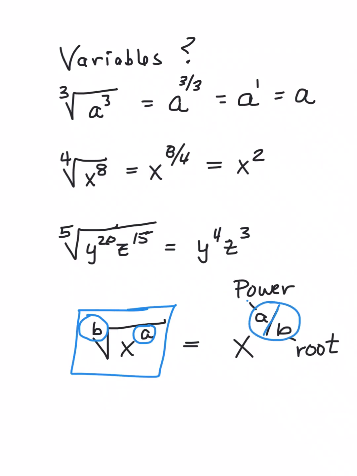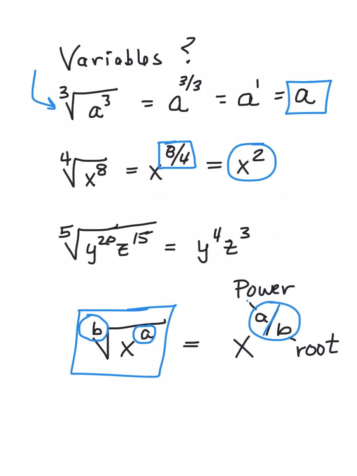So when I do the cube root of a to the third, that's the same as a to the 3/3, which is 1, and that would be simply a. The fourth root of x to the 8th, power over root, is x squared.